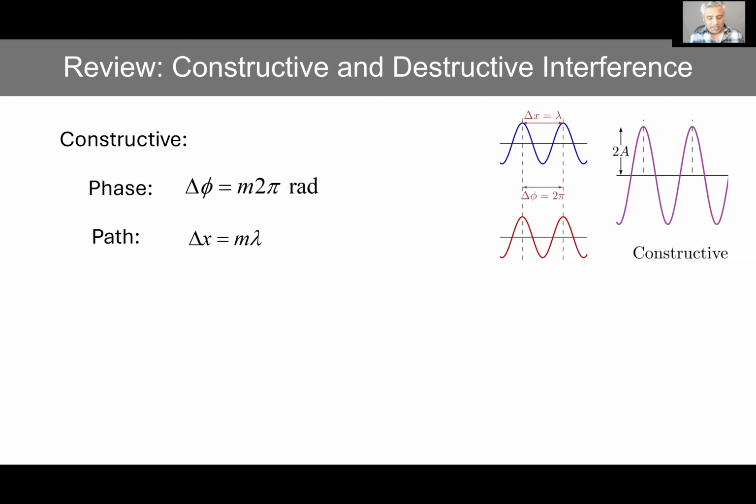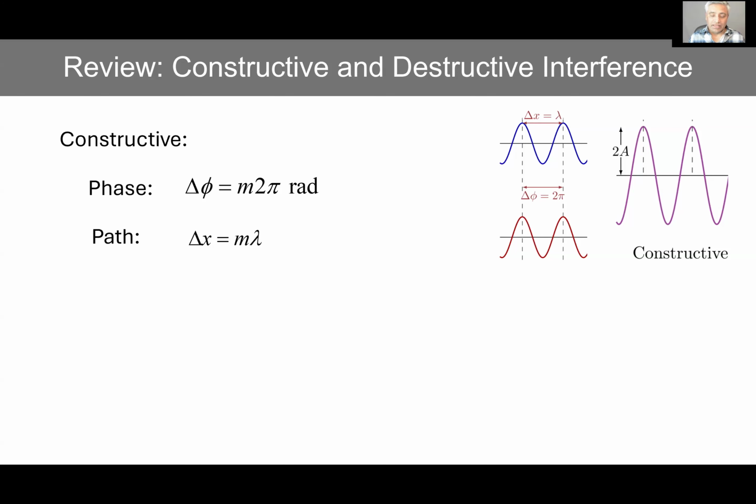And it turns out that when light reflects from very thin films of, for example, oil or soap, it goes through interference. So today we're going to be talking about that.